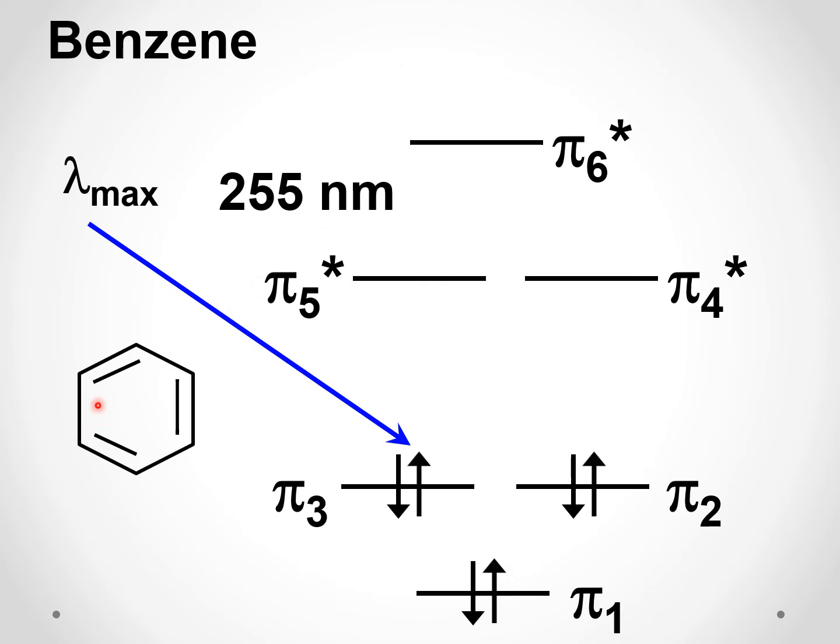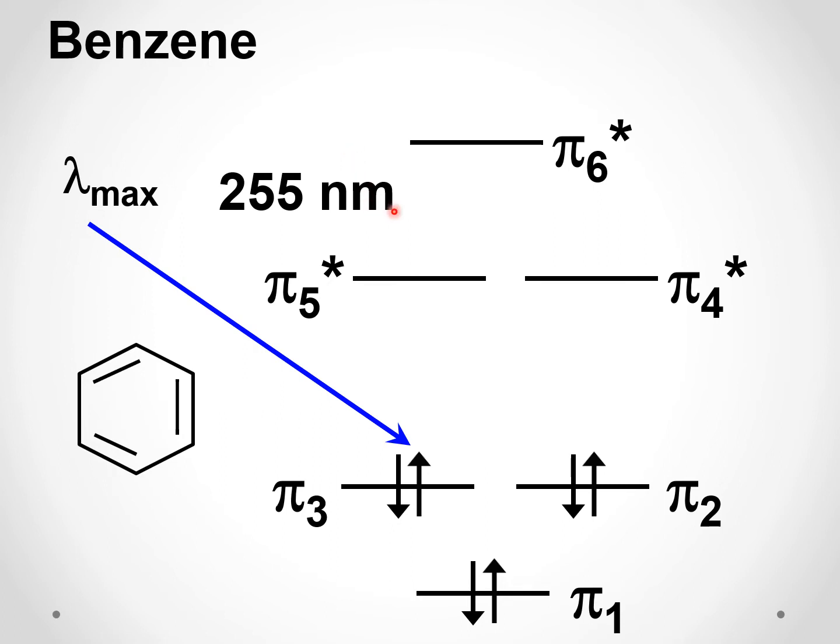In benzene, these are the orbitals, and benzene requires a radiation of 255 nanometers. That has again increased. So as the number of double bonds increases, the wavelength of the radiation absorbed also increases.